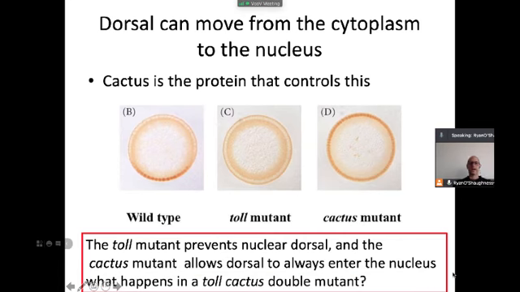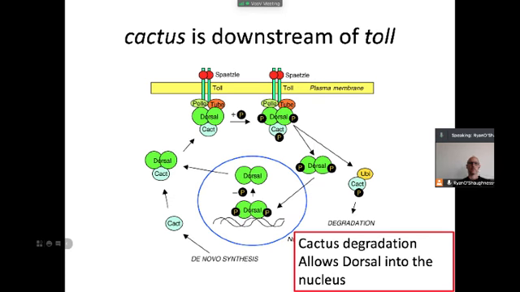So what happens in a toll cactus double mutant? Remember, the toll mutant prevents nuclear dorsal, and the cactus mutant allows dorsal to always enter the nucleus. Well, you need to know that cactus is downstream of toll. So we know about dorsal, this transcription factor that enters the nucleus. Now, dorsal can only enter the nucleus if cactus is degraded.